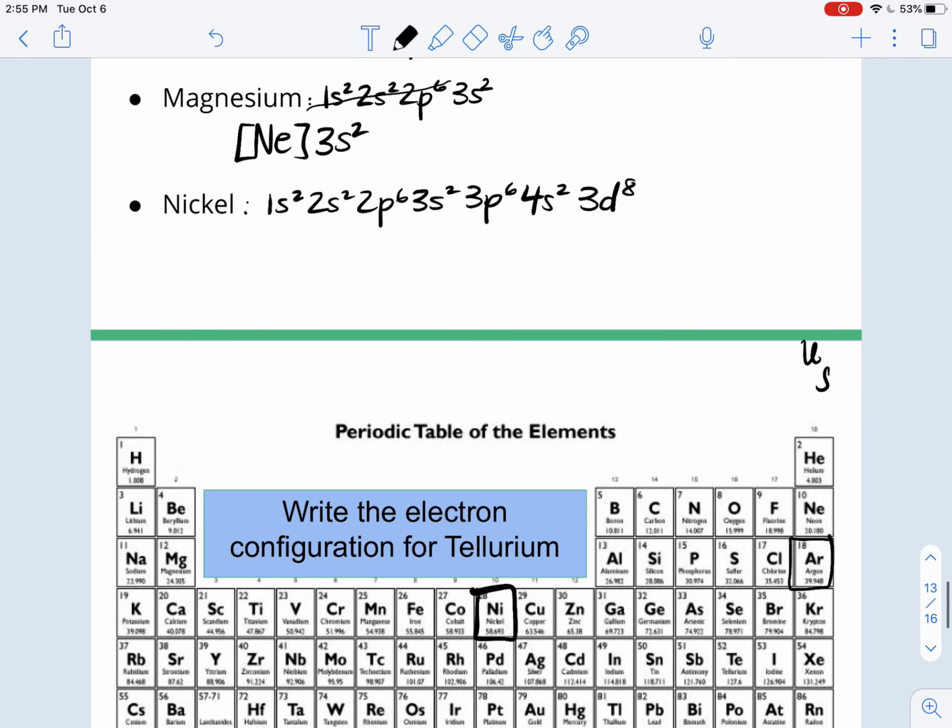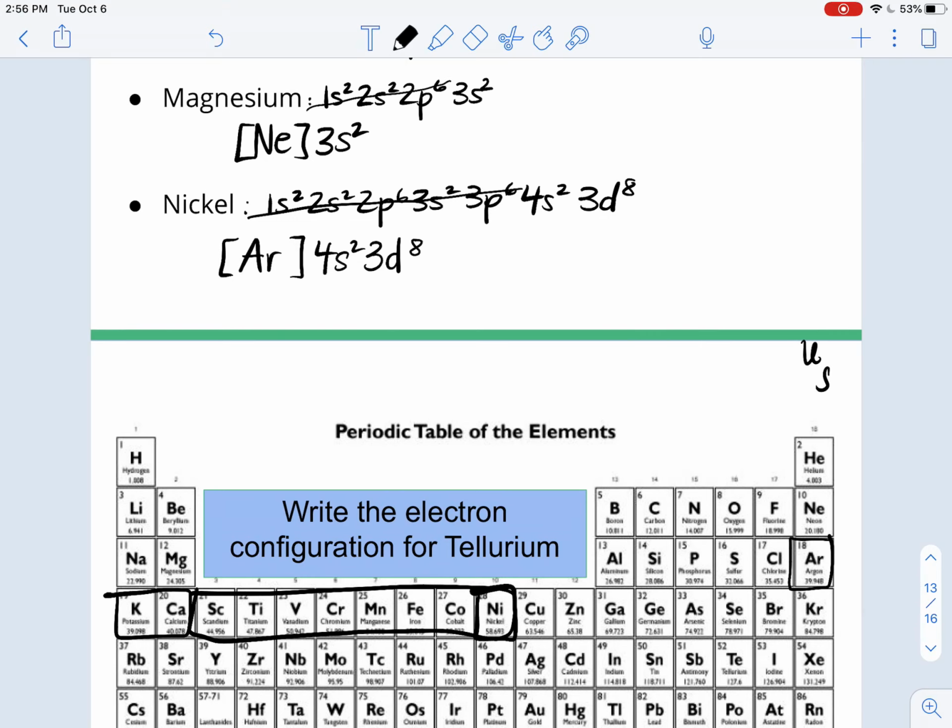So we're going to put that in brackets, Ar, and then continue from there: 4s2, 3d8. All right, so in this case, we eliminated everything up to 4s2. So all of these are combined by using argon. And then 4s2, that's the highest principal quantum number. And then remember, there's a downshift, but we still have to include the 3d8.